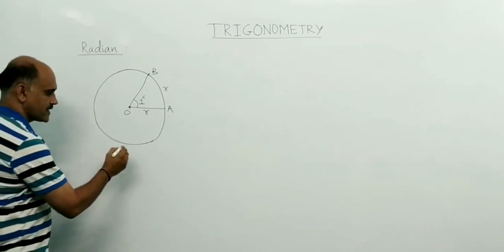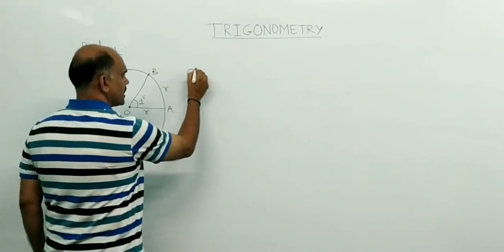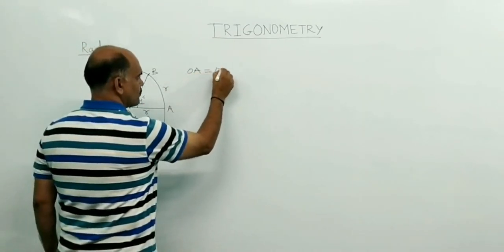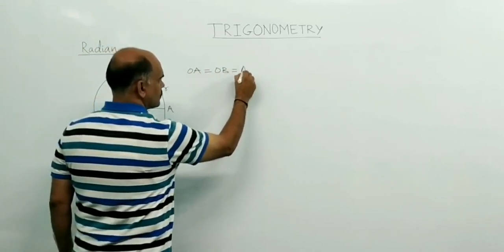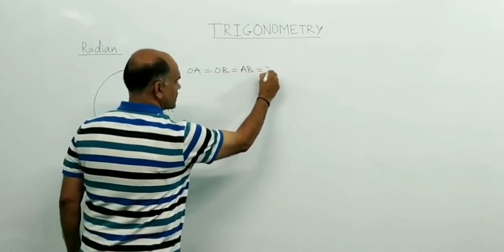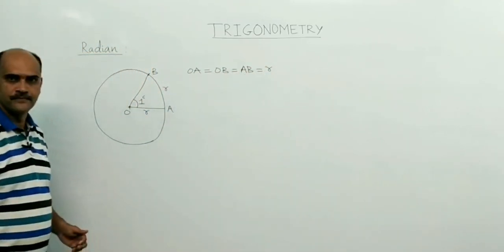So in this figure we have OA equal to OB equal to AB, that is nothing but the radius of a circle.